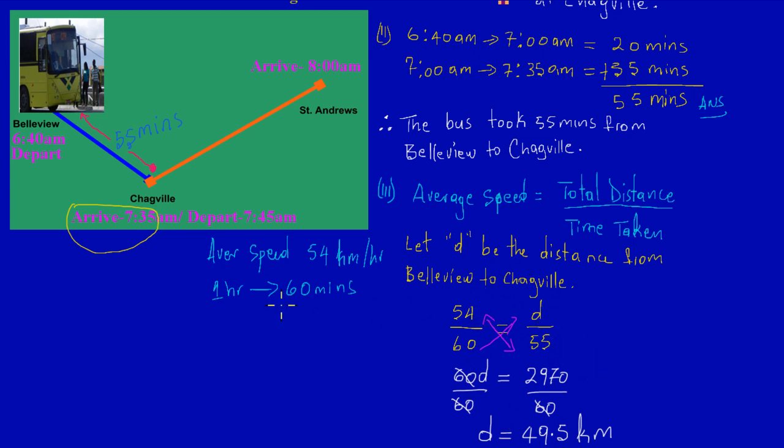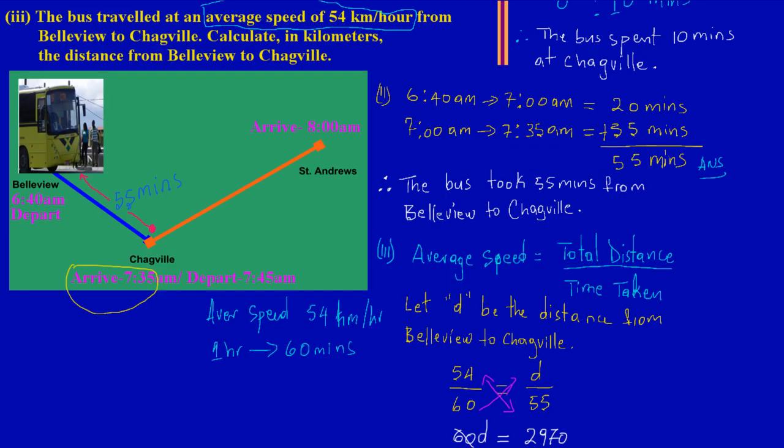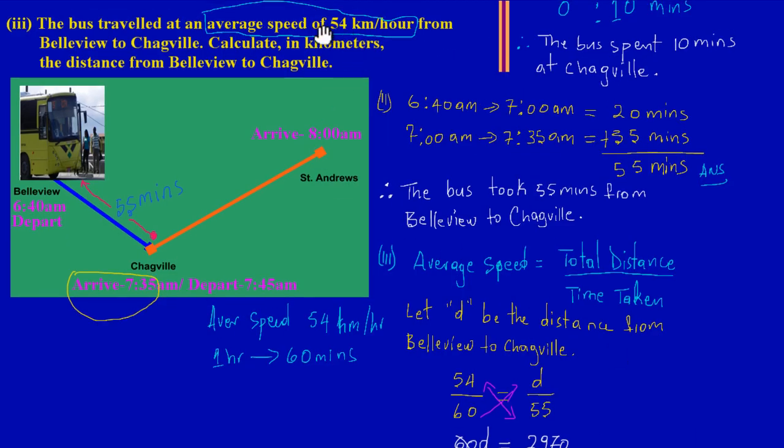Quickly let me just introduce you to that. Now, my friends, another way of looking at it: here they gave us the average speed, which is 54 kilometers per hour. So basically what this is saying is that for every hour the bus is traveling 54 kilometers.